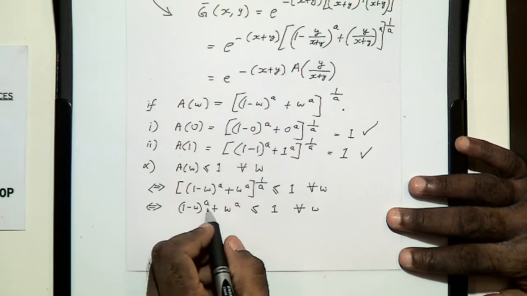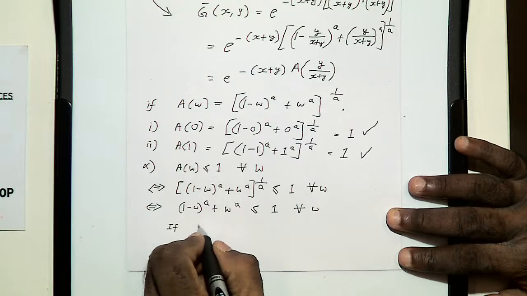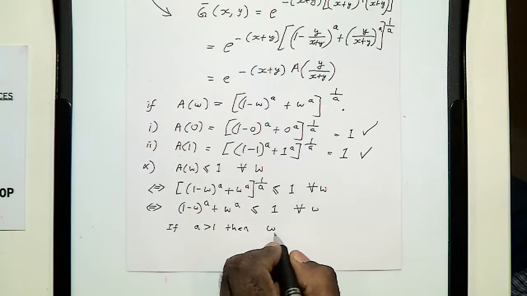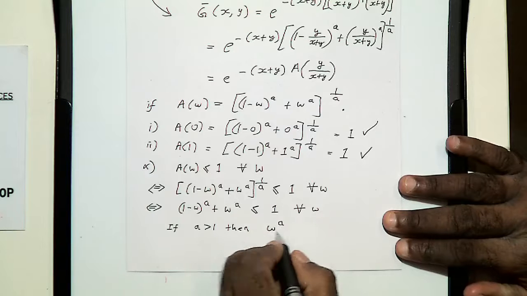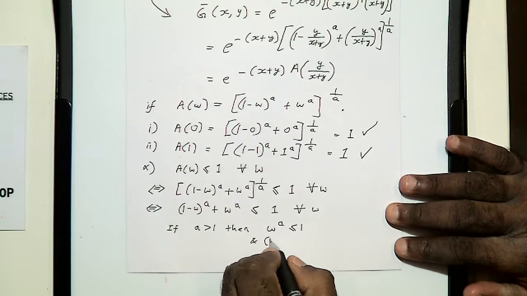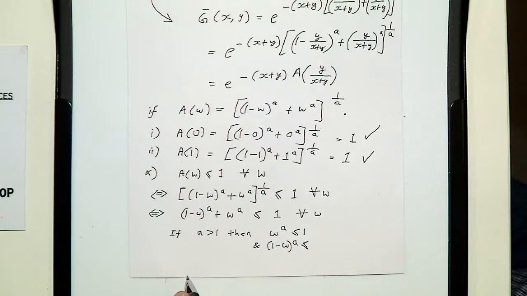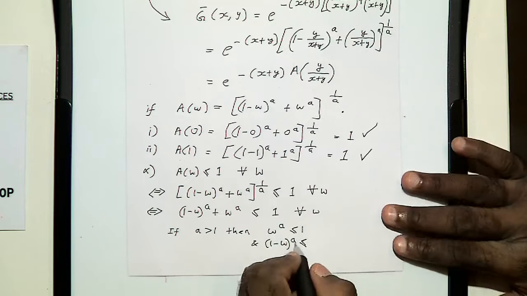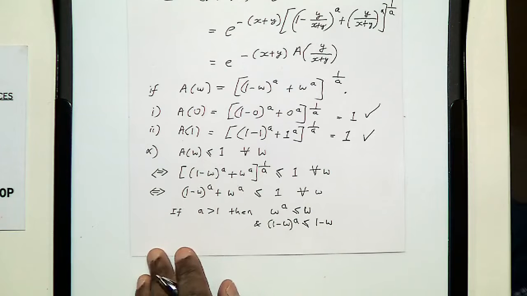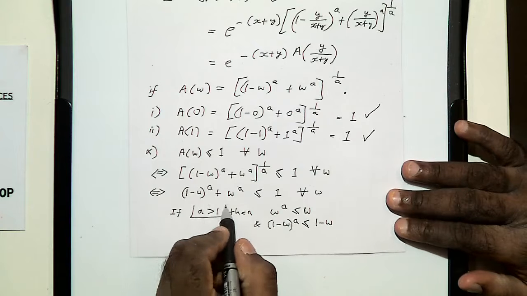So if you assume A is greater than 1, then omega to the power A will be less than or equal to omega, and (1 minus omega) to the power A will also be less than or equal to 1 minus omega. Right, if we assume that A is greater than 1, you can't do it without this assumption.